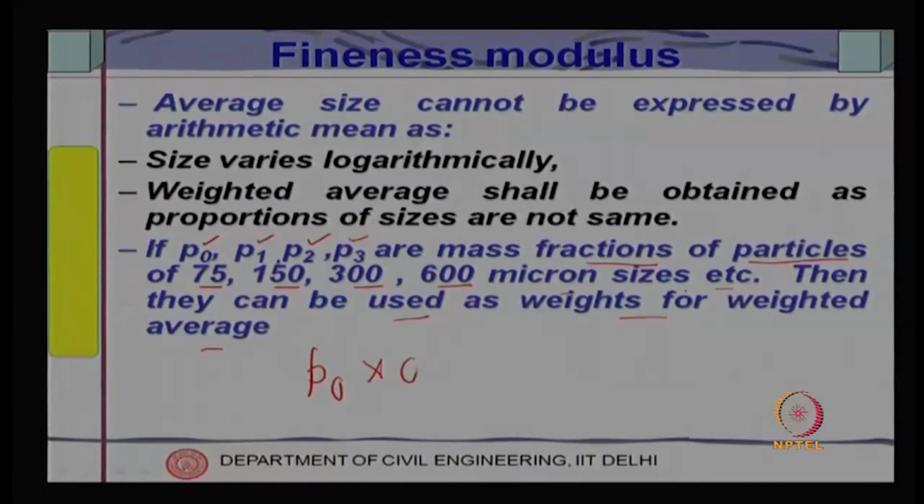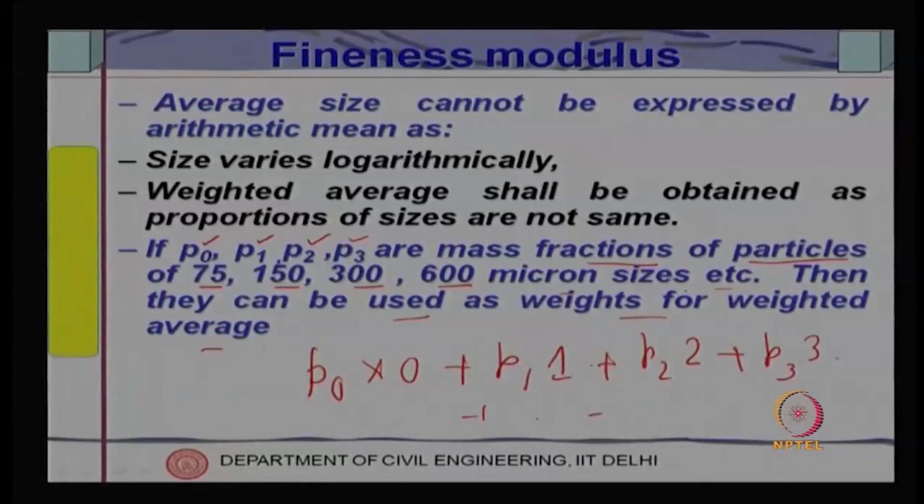P 0 into 0 plus P 1 into 1 plus P 2 into 2 plus P 3 into 3 and so on. I can sum this up, and this sum is nothing but the weighted average, because each P is the fraction of the mass corresponding to the 0 size, the first size, the second size.